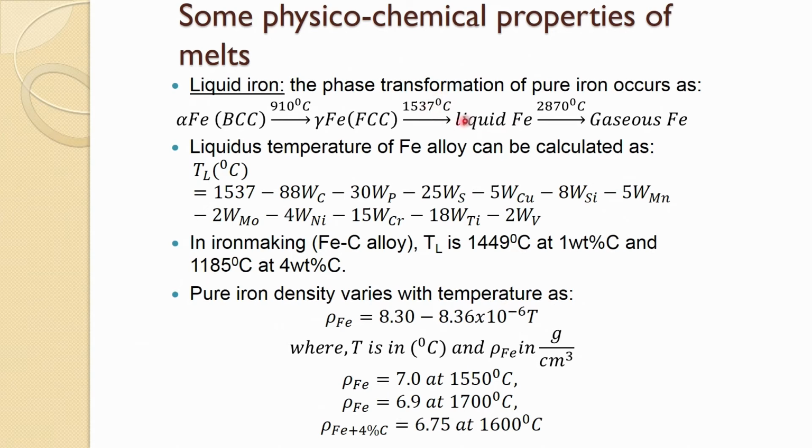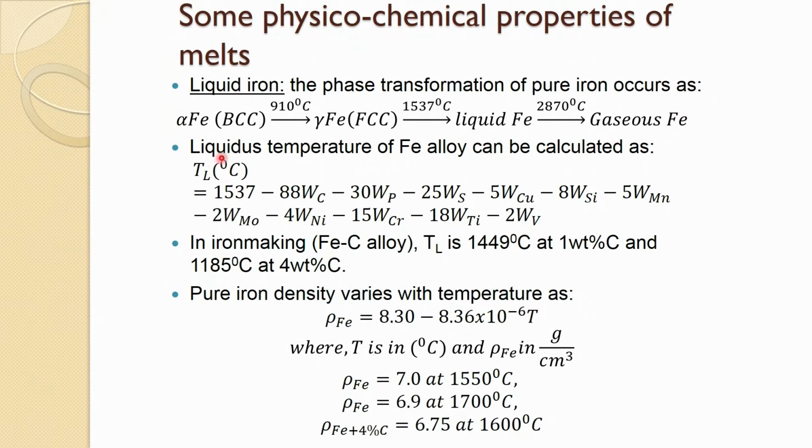So, this is the melting point of the iron, and if you heat it further, then at 2870 degrees Celsius it becomes vapor or gaseous iron.